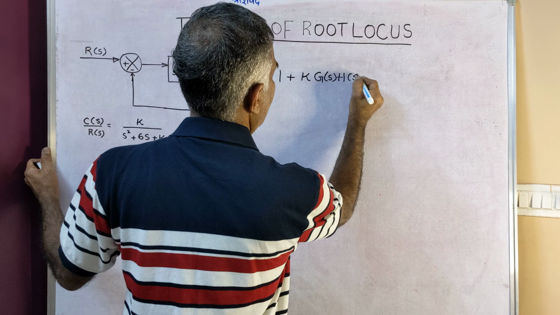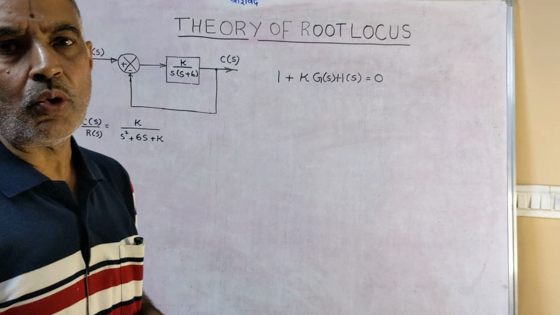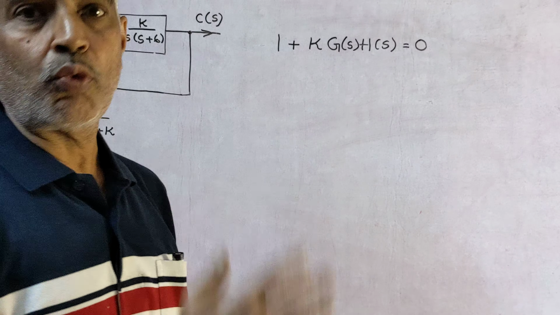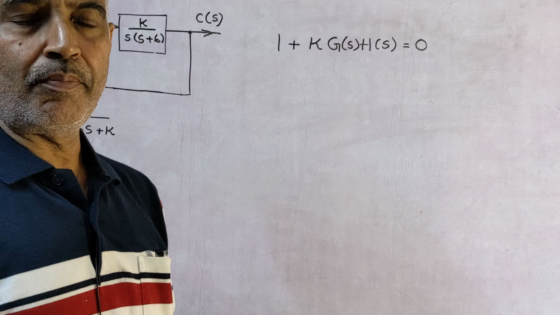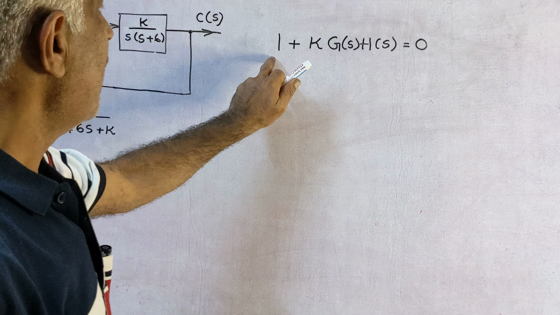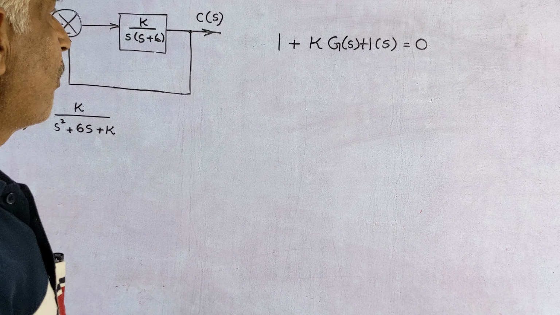This is the equation because the root locus is nothing but the path of roots. The roots belong to the characteristic equation. Therefore, in general, 1 plus K G(s)H(s) equal to 0 is the characteristic equation.